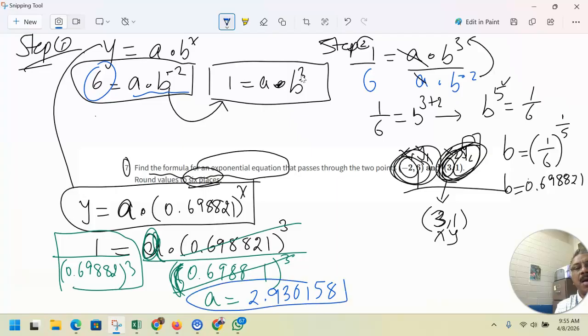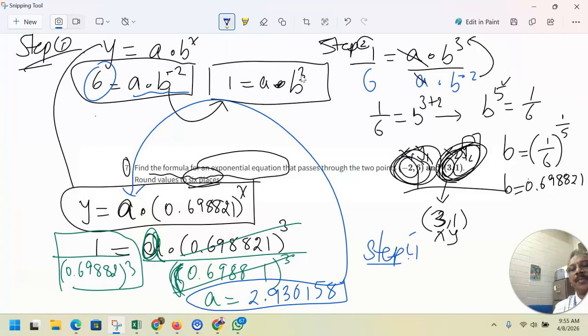Now all this you plug in here, for your final answer. And step 4 is the conclusion. The conclusion is y equals 2.930158 times the other one, which is this, and you're done.